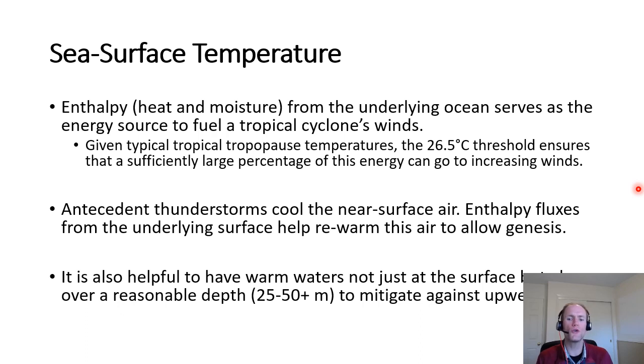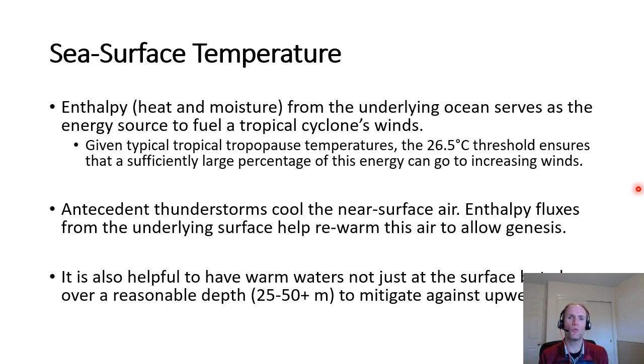And ultimately, once you have a storm form, especially as you get to a higher intensity, it's helpful to have not just 26.5 degrees sea surface temperature, but sufficiently warm ocean temperature to 25 to 50 or more meters of depth. Because cyclones are just that, they're cyclonic disturbances. And we talked when we discussed Ekman upwelling or Ekman transport, that not only does flow upwell when you have some barrier that causes the water to be directed away from it, but cyclonic circulations also cause water to be directed away from the center.